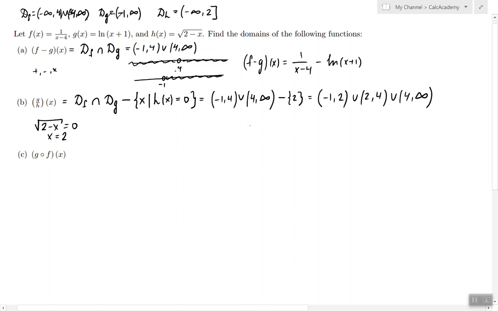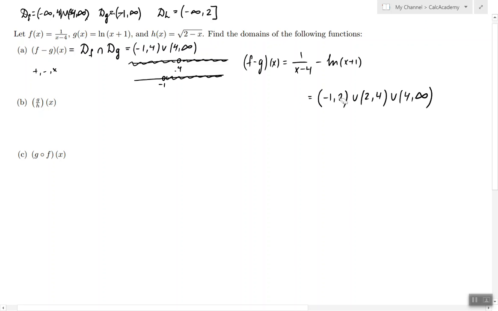Now, we could have done it the other way. We could have started with function g, to find the domain of g over h.